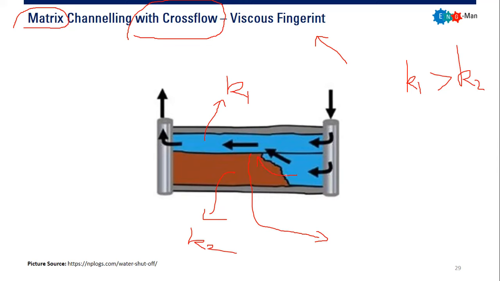Okay, so water in this case will flow from layer 2 to layer 1 because of depletion occurring in layer 1. Okay, and of course the viscous fingering also makes the problem worse. Okay, so this is the third thing, matrix channeling with crossflow, viscous fingering.